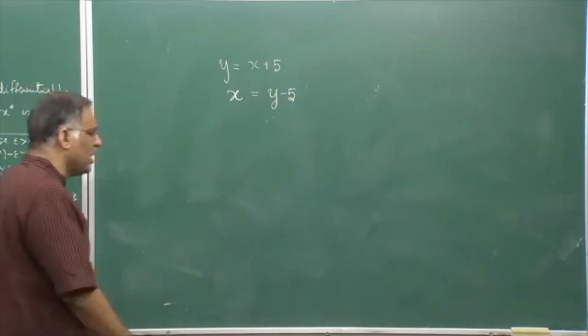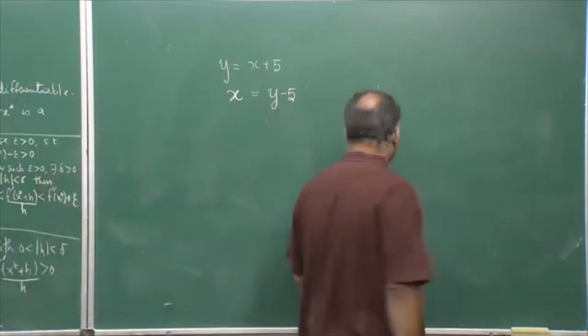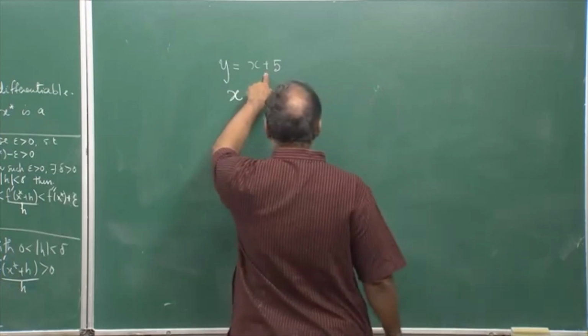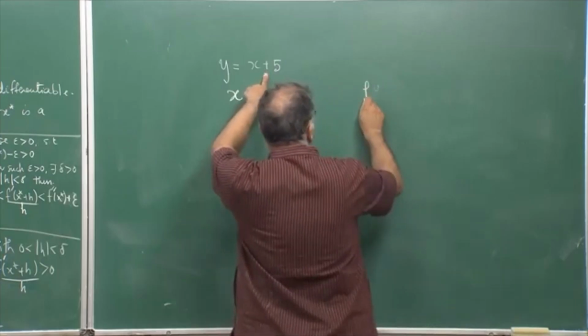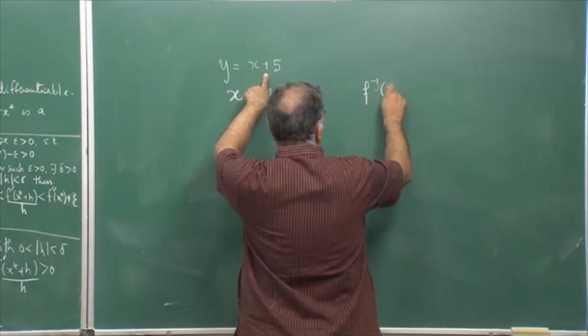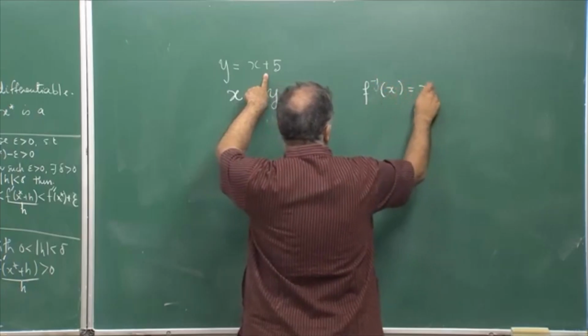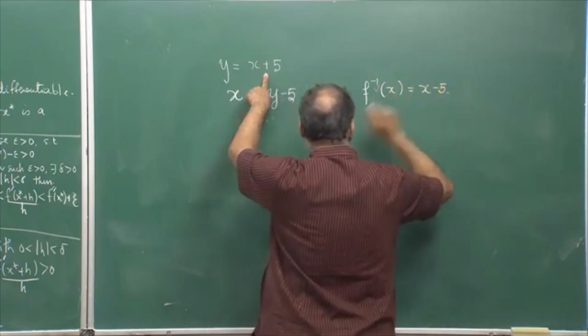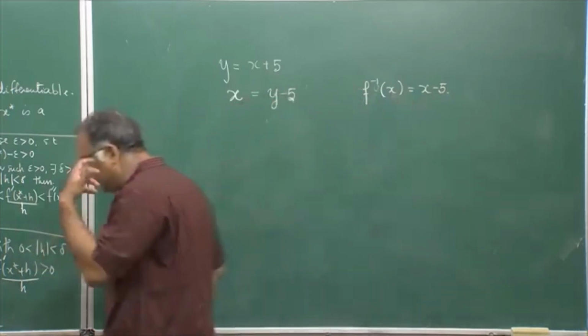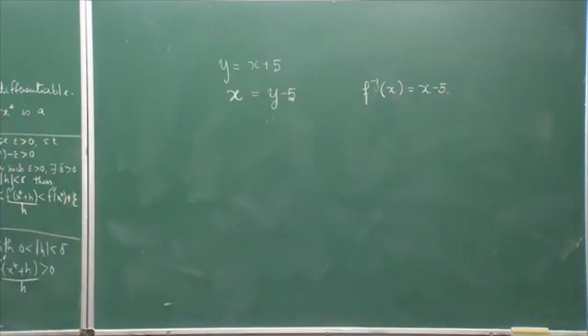If somebody asks me, it is traditional in mathematics to tell the inverse function corresponding to this function: I will say f inverse of x is x minus 5. Actually this is y, but these are dummy variables, and this is the traditional way of writing it.